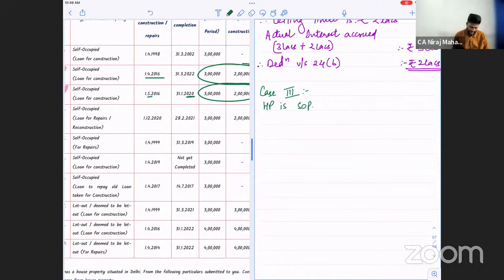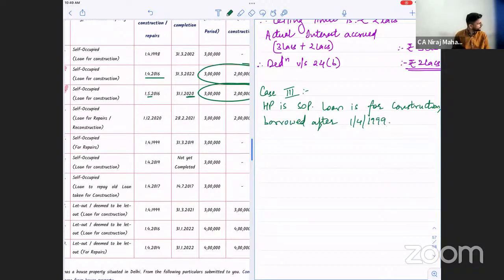House property is SOP. Loan is for construction, borrowed after 1/4/1999.